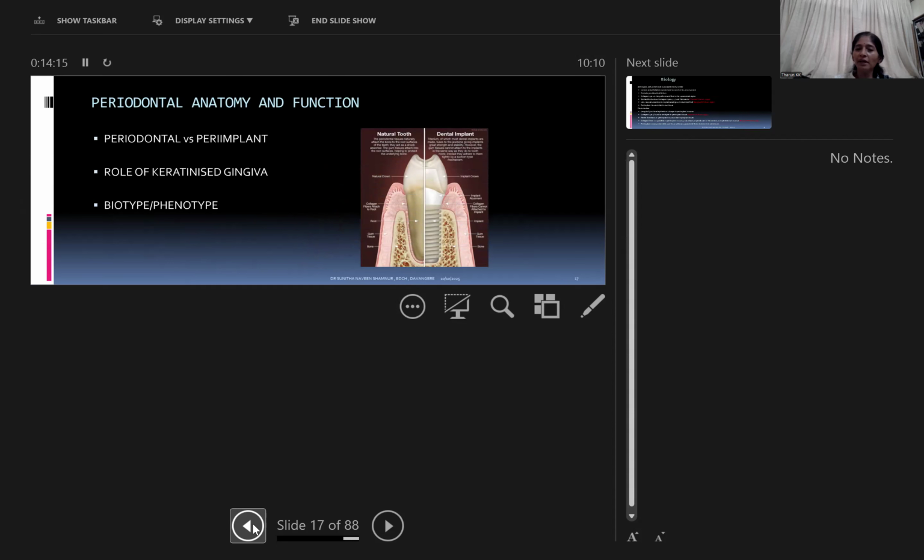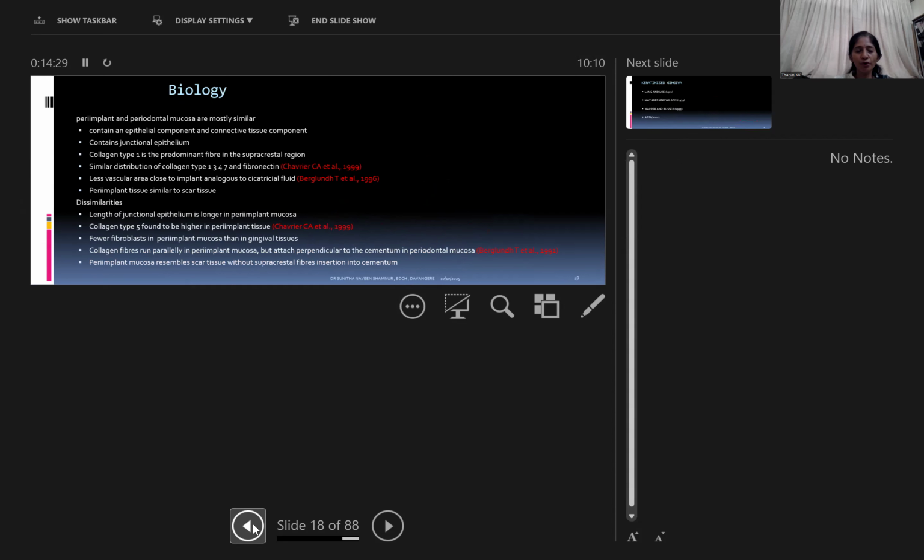Now, before I go into detail about the soft tissue, you should appreciate the main difference between your periodontal ligament and the implant supported restoration. What role has your keratinized mucosa? What role has your attached mucosa to do here? Basically, the biology of both is simple.